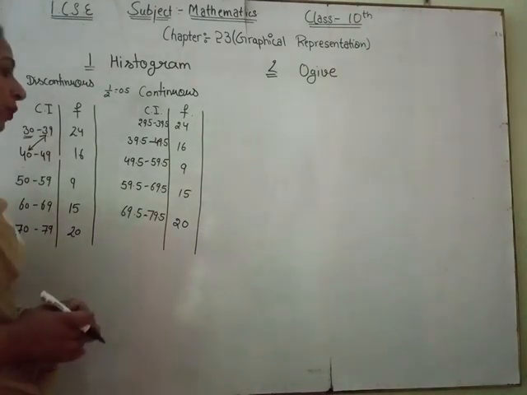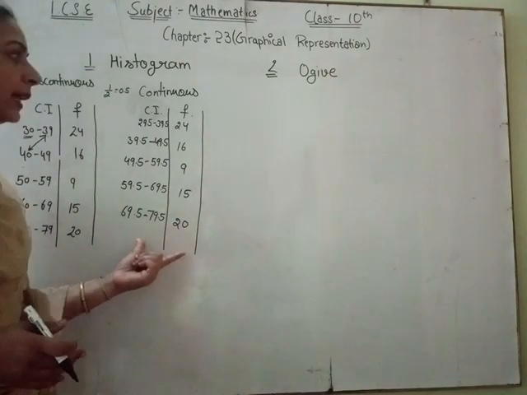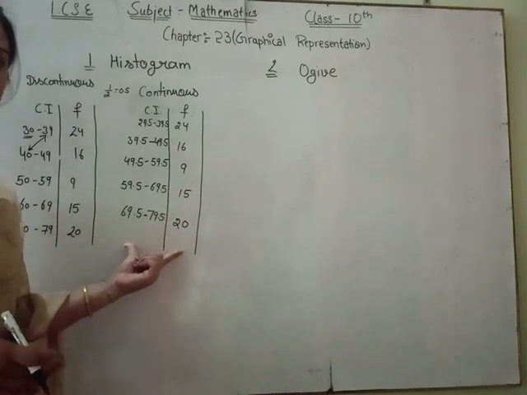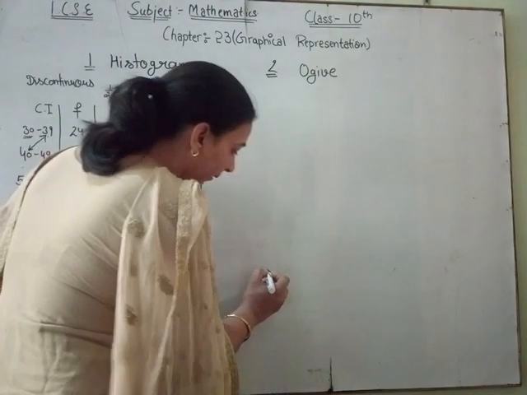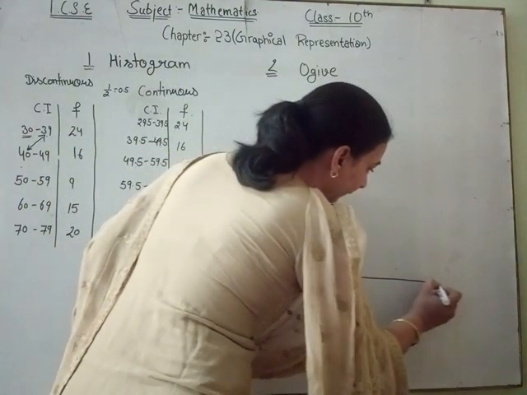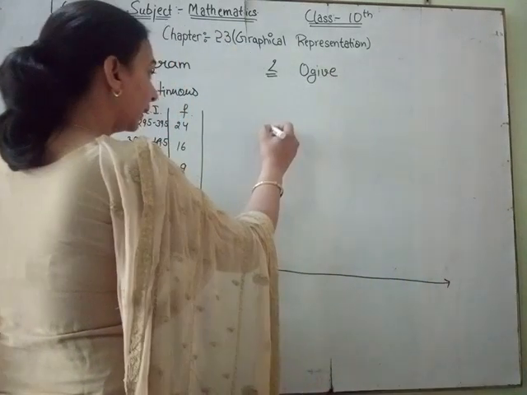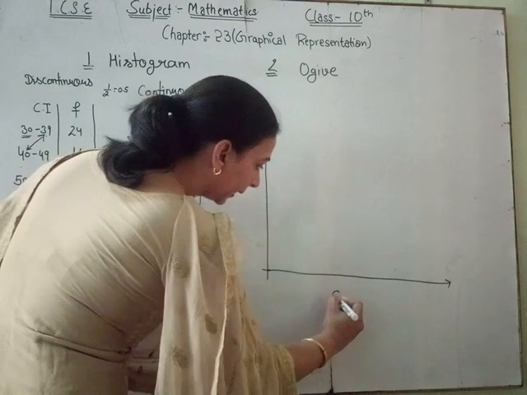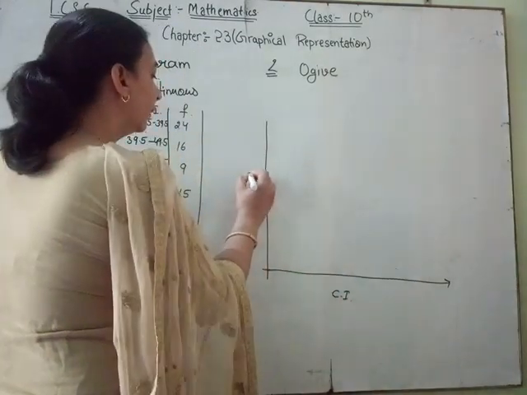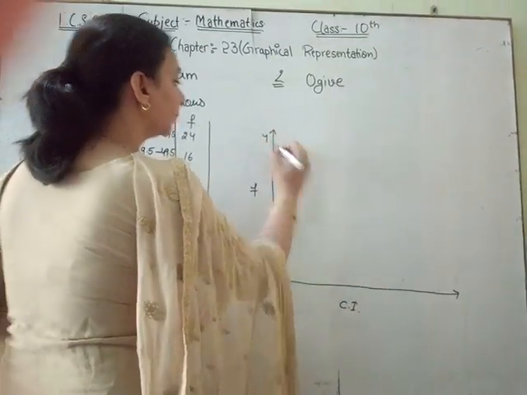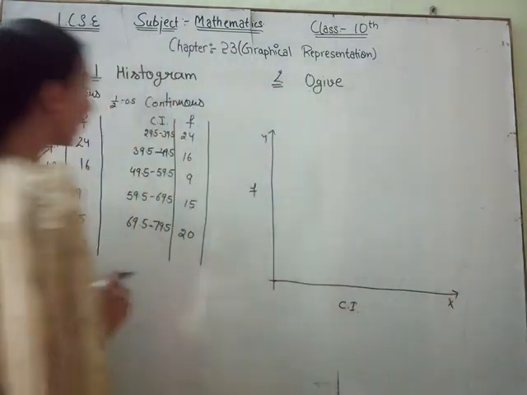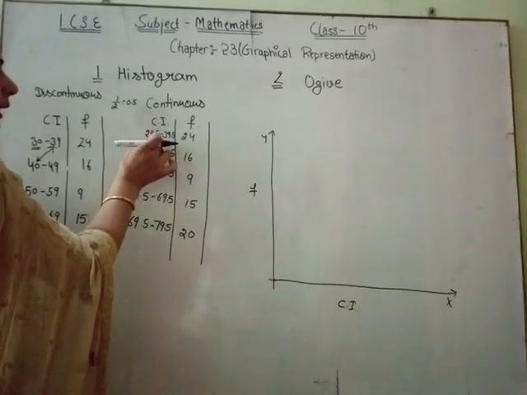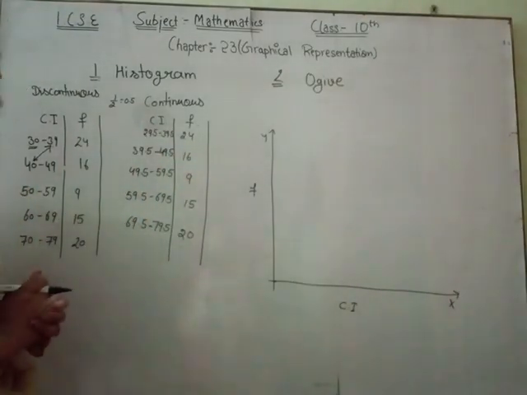We represent the histogram of this class interval and frequency. First I take the x-axis and this is the y-axis, class interval and frequency. First class interval is 29.5 to 39.5.